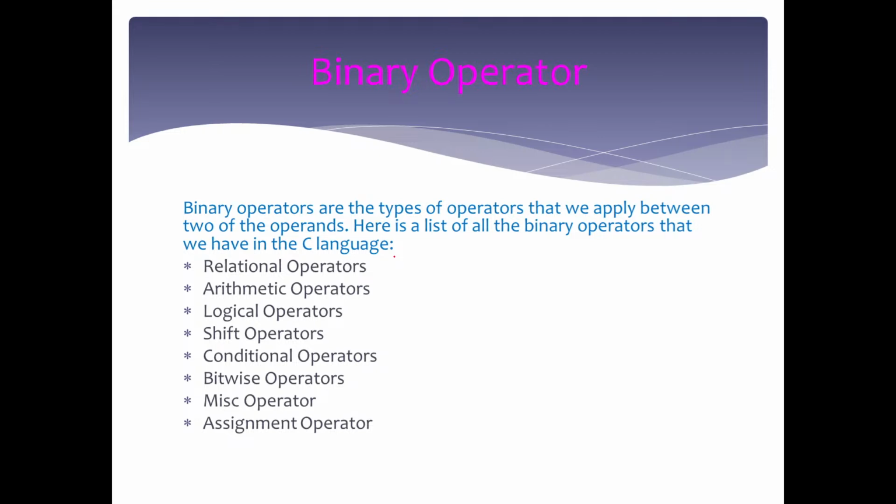I already told you, A is an operand, equals to is an operator, and then the value which we are going to give is a constant. So these are the binary operators that we apply between the two operands.